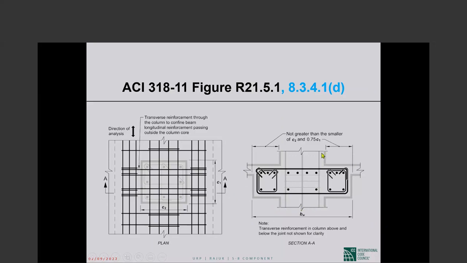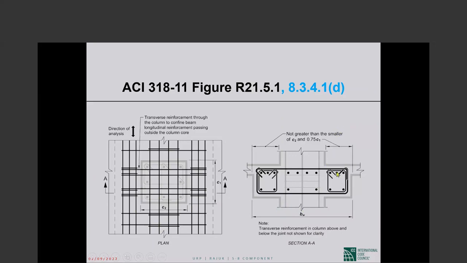And the C sub 1 dimension is into the screen. I hope you're with me. If you cut a section here, this is C sub 2, this is C sub 2, and the C sub 1 dimension is into the screen.